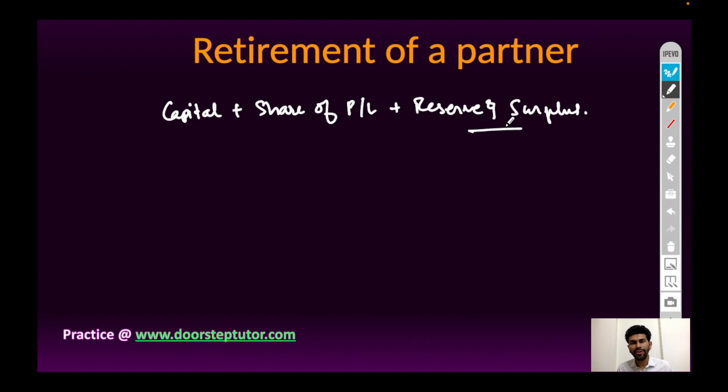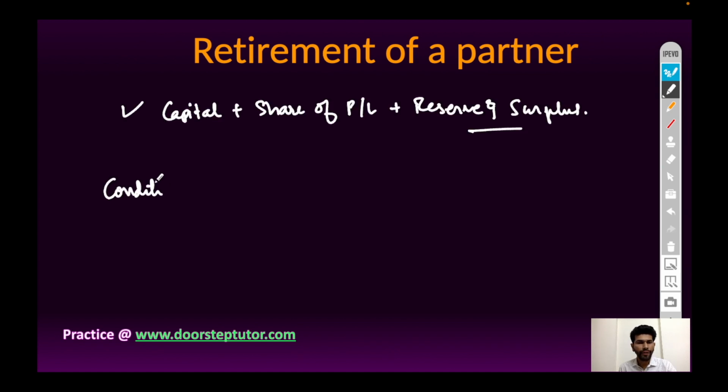Reserve and surplus is the undistributed part of profit which has been added to the capital for further growth and development of the business. So a retiring partner will take away his part of capital, his share of profit or loss till the date of retirement, and his share of reserve and surplus.